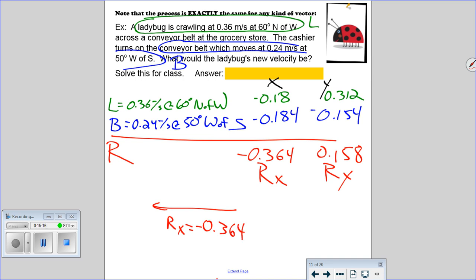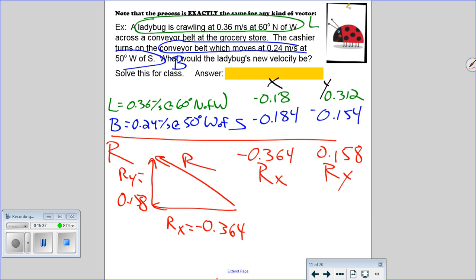Where do I draw my Ry, you guys? Over here? No, head to tail, right? Over here. And then here's your vector R.